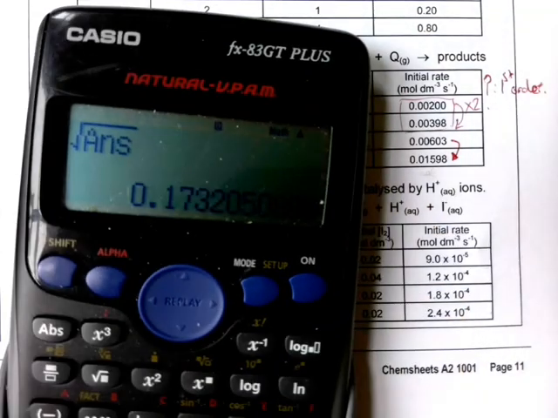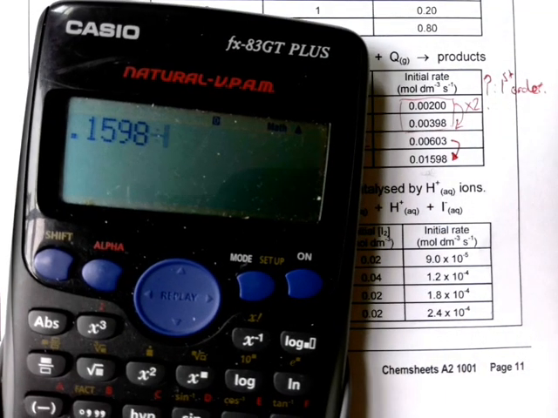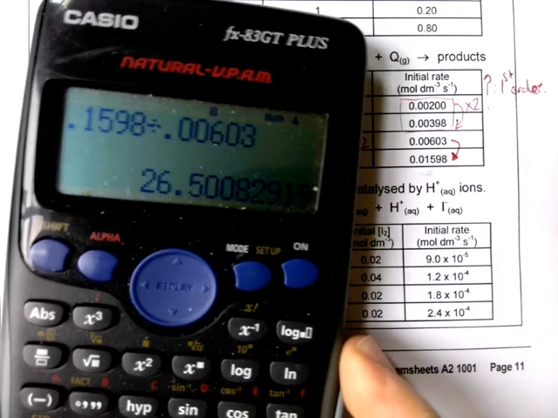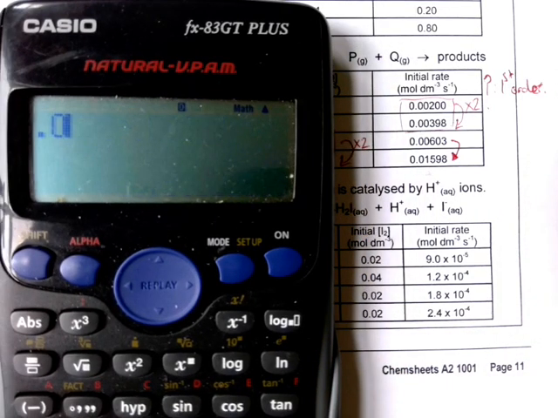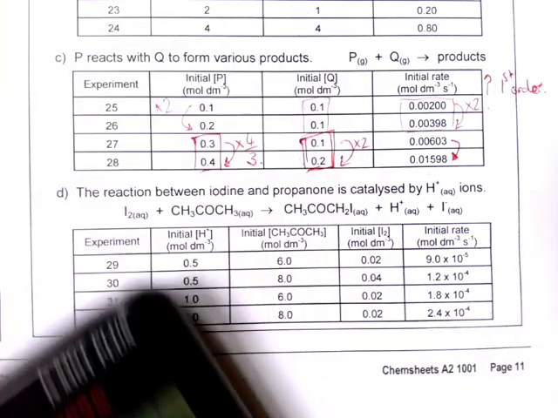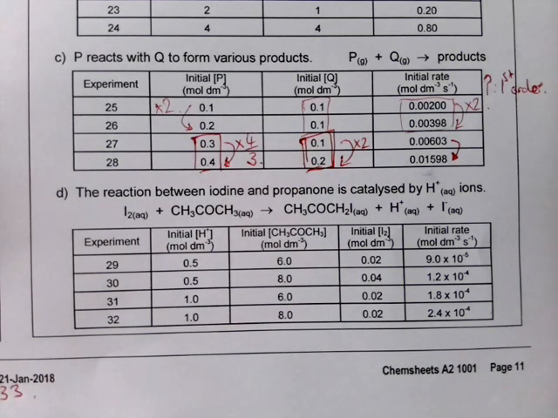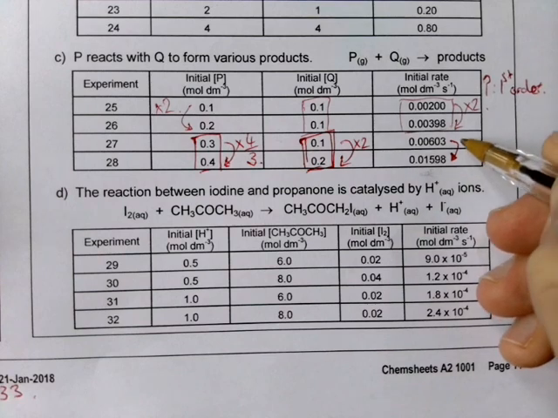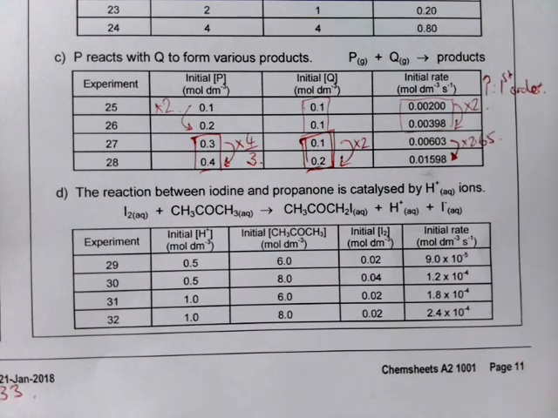Well, if I do 0.01598 divided by 0.00603, it's a change of 2.65. So, times by 2.65.